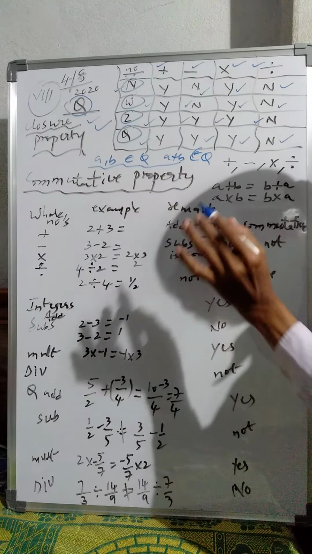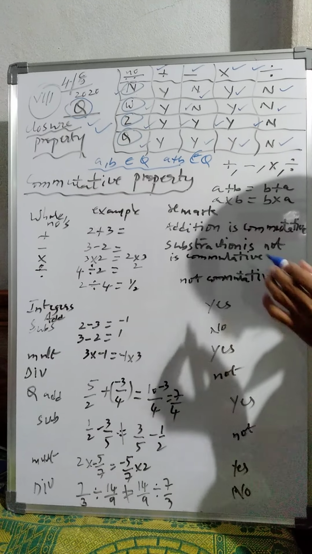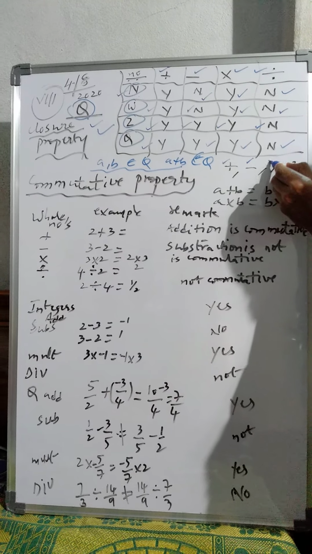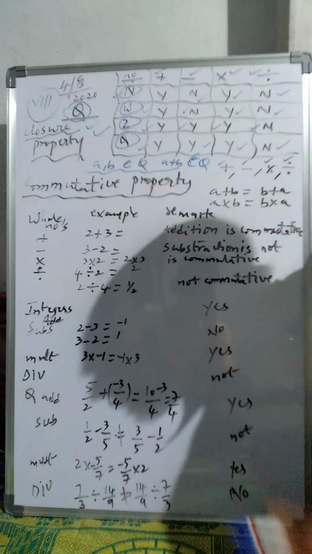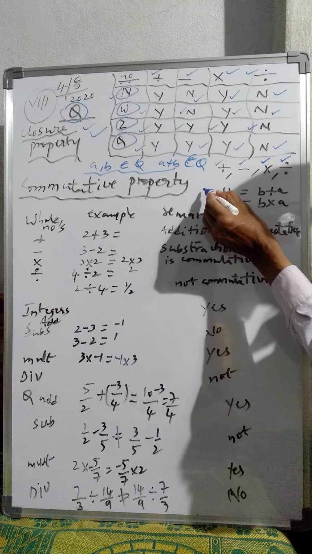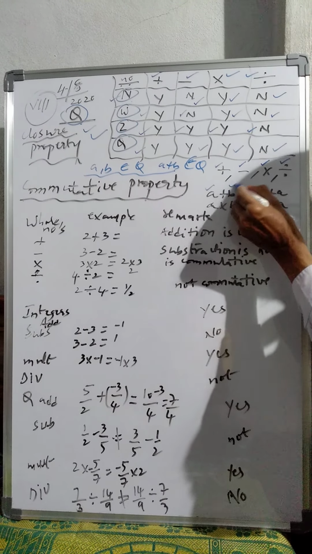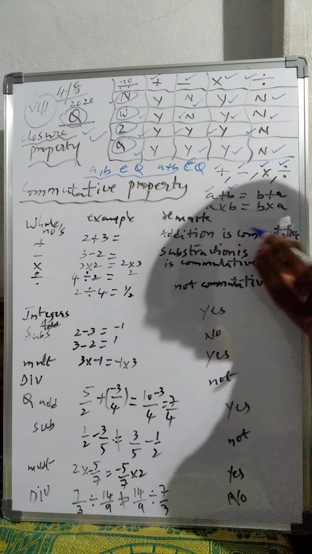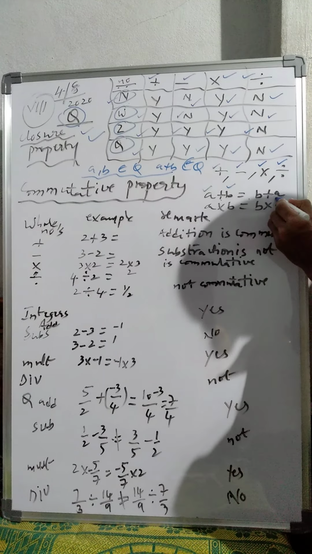Now let us come to commutative property, for addition, subtraction, multiplication, division. Now what is commutative property? See, commutative property means, let us say, take two numbers a, b, for their operation. Let us say the operation is addition. a plus b is equal to b plus a.